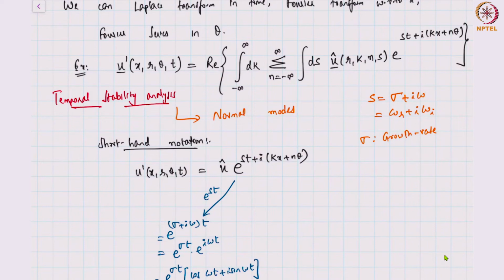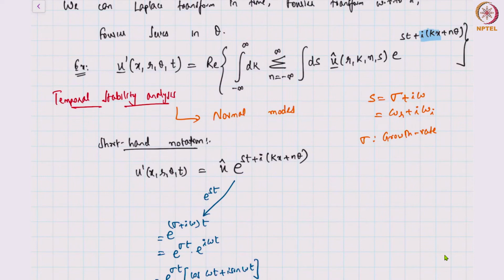Why do we call it the temporal analysis? Because we are saying that I have a wave-like form in x that is coming from e power ikx, the term that I'm highlighting here. This term is cos kx and sin kx. So we are assuming wave-like solutions in x.